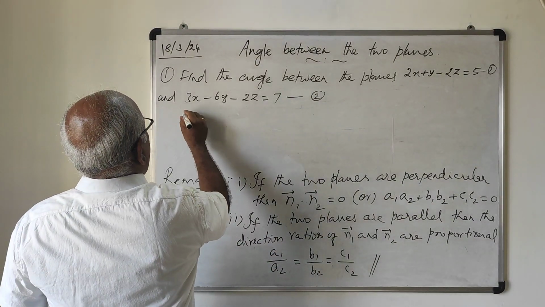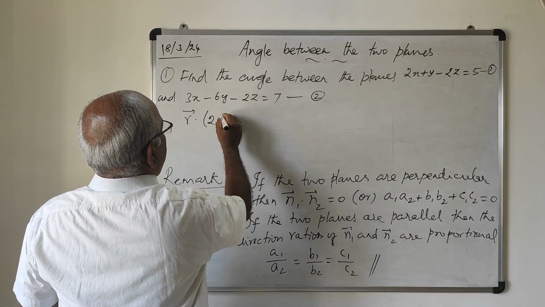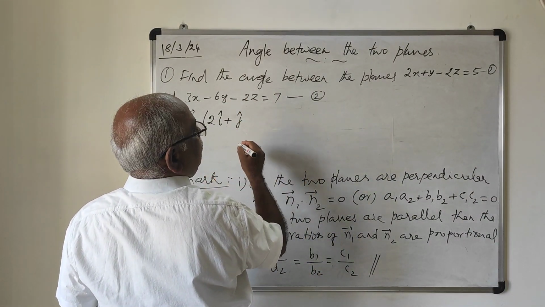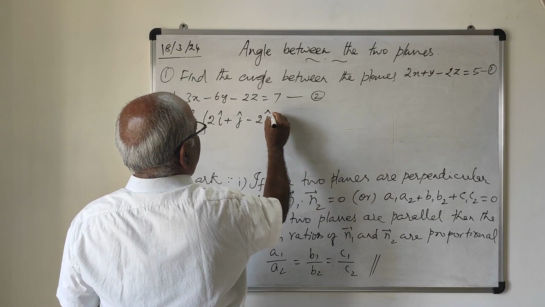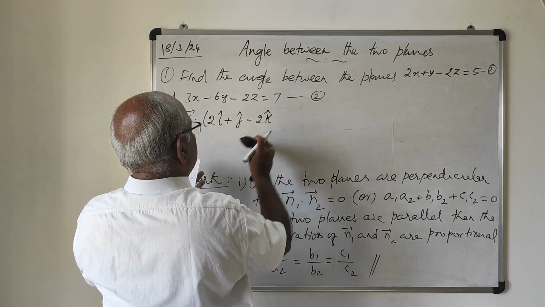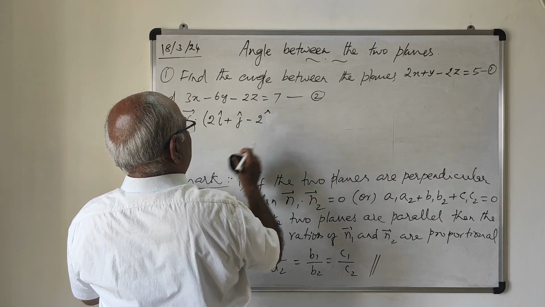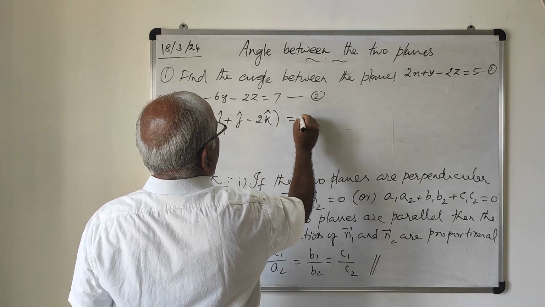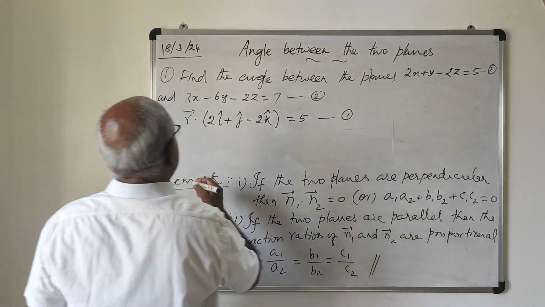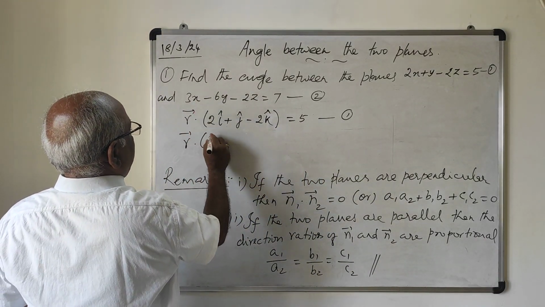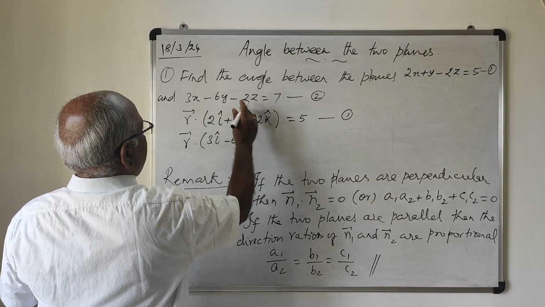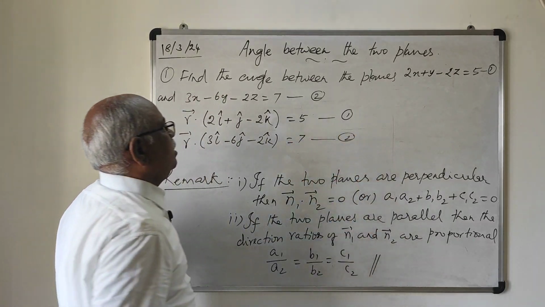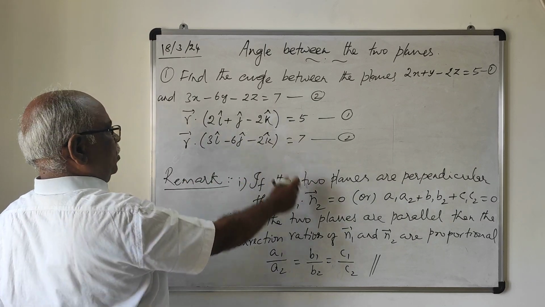The first plane can be expressed as r dot (2i vector plus j vector minus 2k vector) equals 5. You can replace x, y, z by i, j, k. And the second plane is r vector dot (3i vector minus 6j vector minus 2k vector) equals 7.